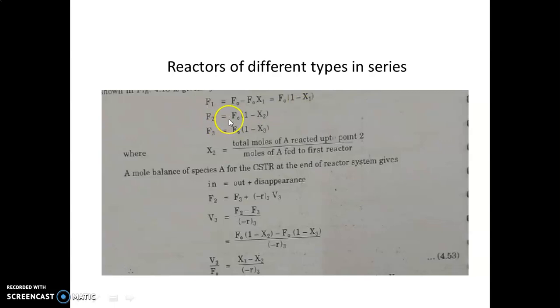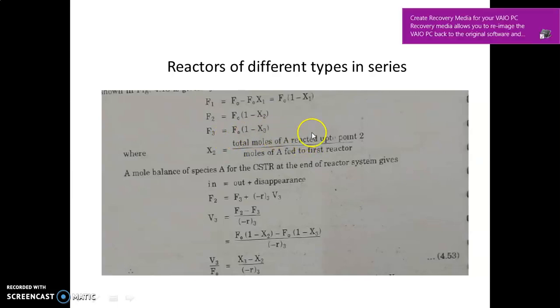F2 is equal to F0 into 1 minus X2, where X2 is the conversion after the plug flow reactor, and F3 is the final molar flow rate after the CSTR, which is equal to F0 into 1 minus X3. So X3 is the final conversion.